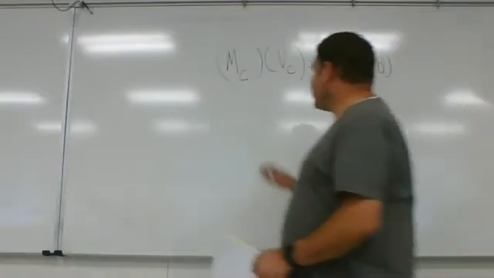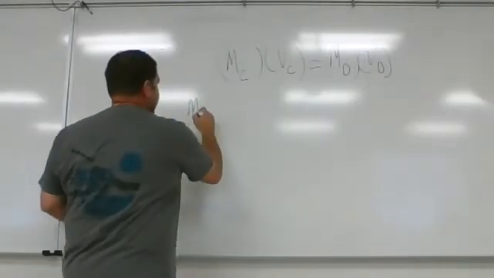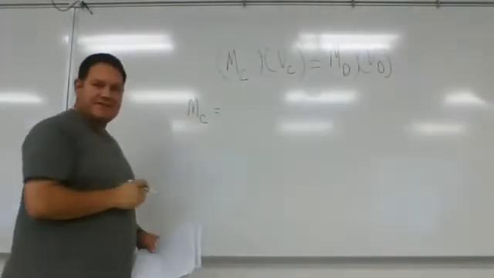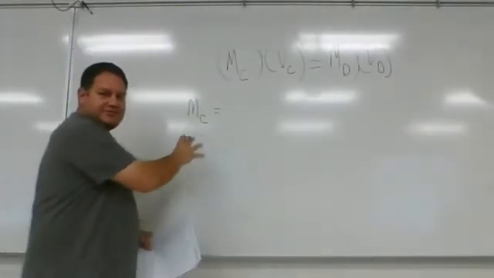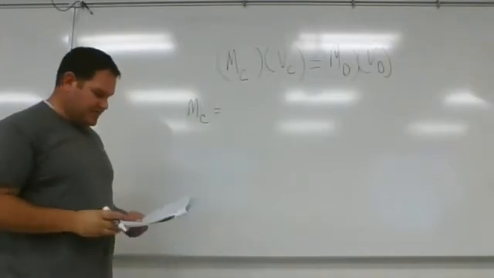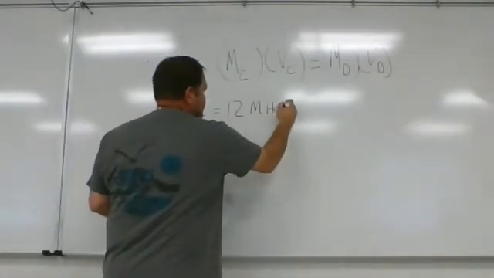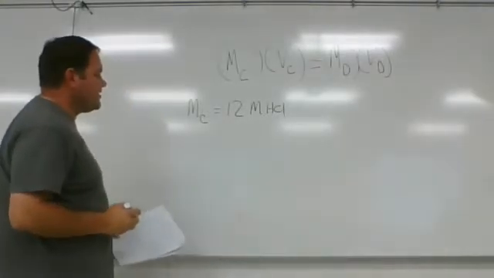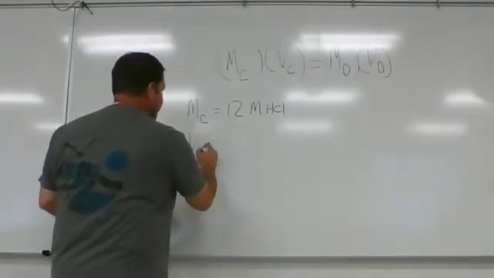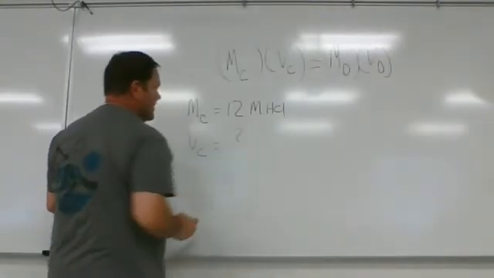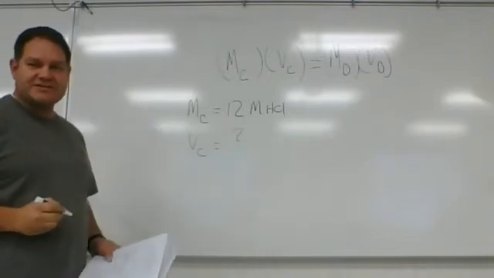So remember, I'm going to write this down, and I would recommend you do this as well. The molarity of the concentrate that's been given to us is 12 molar HCl. That's our molarity of the concentrate. The volume of the concentrate, we don't know. That's our unknown, and that's what we're actually going to solve for.